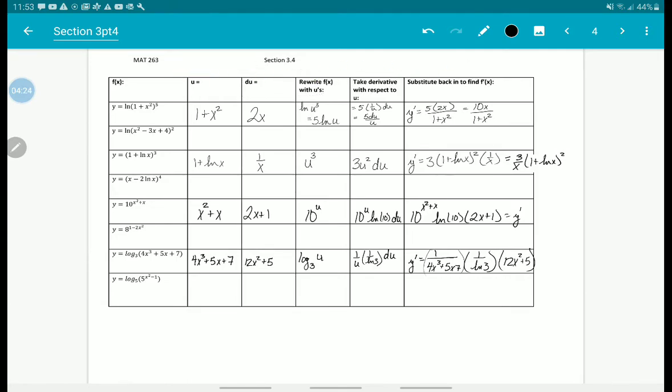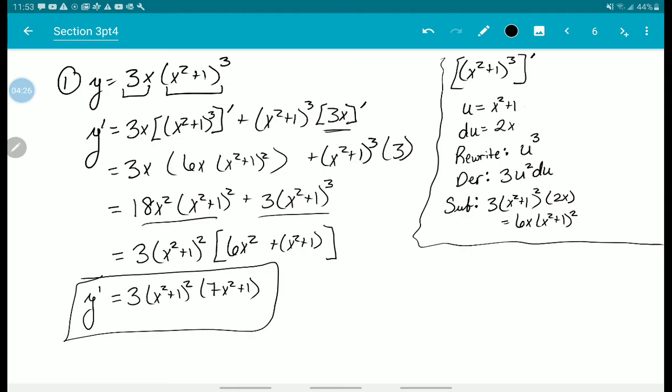We are just having to write it out. Notice also I did that over to the side. And then once I found that final answer, I substituted it in where I needed to. And then we cleaned it up and we did some factoring. That factoring is going to be important later. We are going to be setting these derivatives equal to 0, and we're going to have it in factored form.